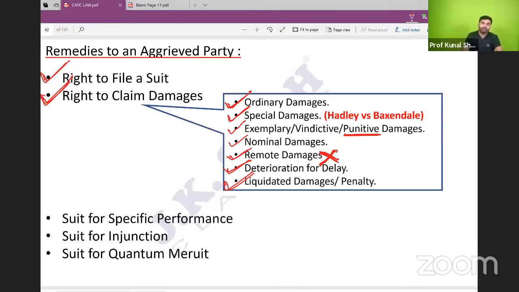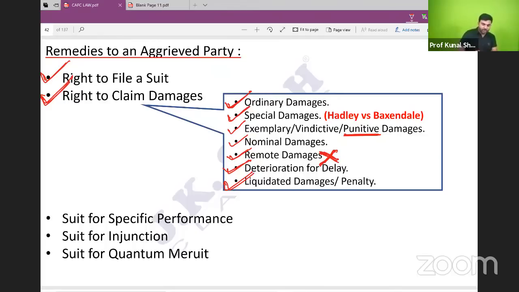Inside the contract between me and JK sir, it was written that if I do a breach of contract, then I will be liable to pay 5 lakh rupees to JK sir, and vice versa also. So if later JK Shah sir does a breach of contract, he will have to pay 5 lakh rupees to me. That amount which is already mentioned inside the contract is called a penalty. It is a predetermined amount which is justified.